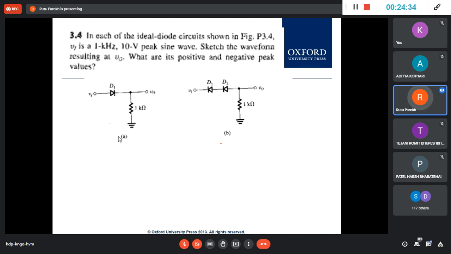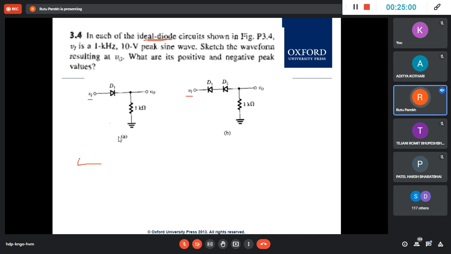Here also it's an ideal diode, and here now very precisely you have to look, and VF is given here. The frequency is 1 kilohertz and 10 volt peak sine wave, our input.